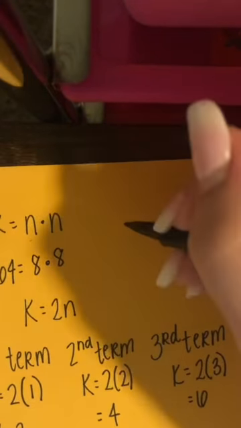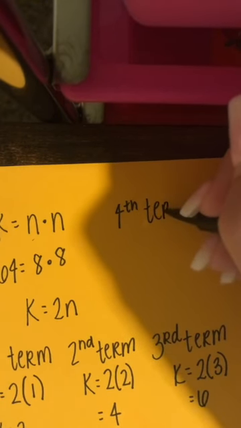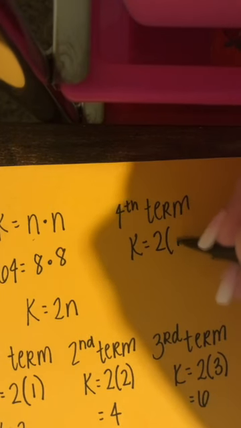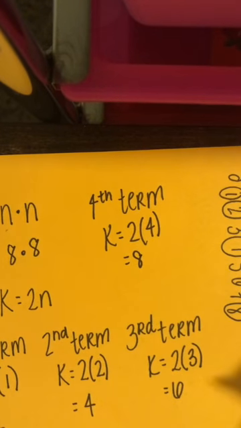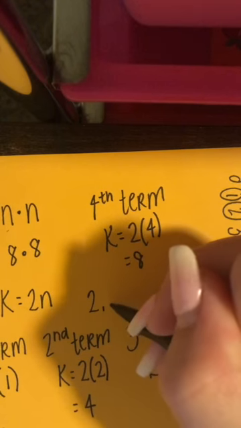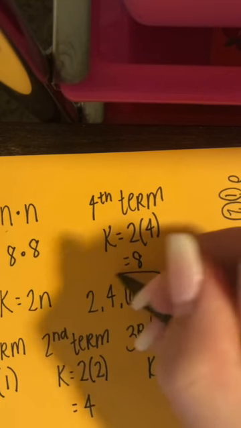And for our fourth term, I'm running out of room. Fourth term, we will write k equals 2 times 4, which is 8. So we know that the first 4 terms of the sequence are 2, 4, 6, and 8.